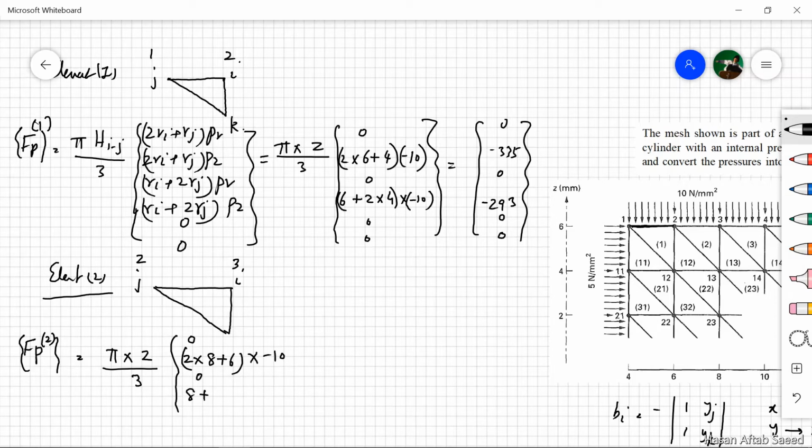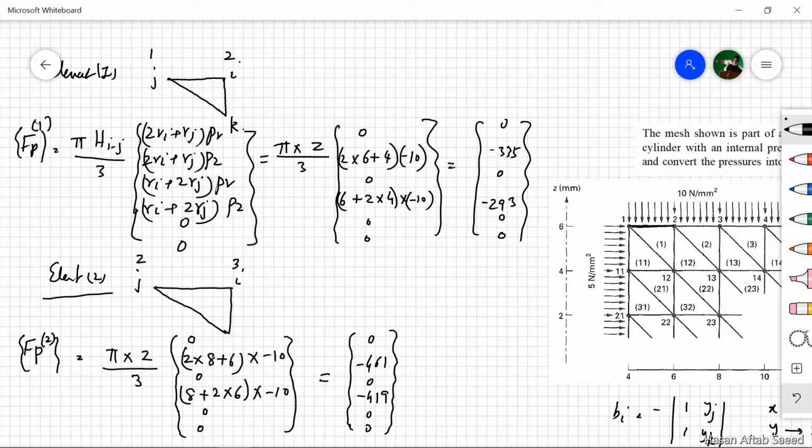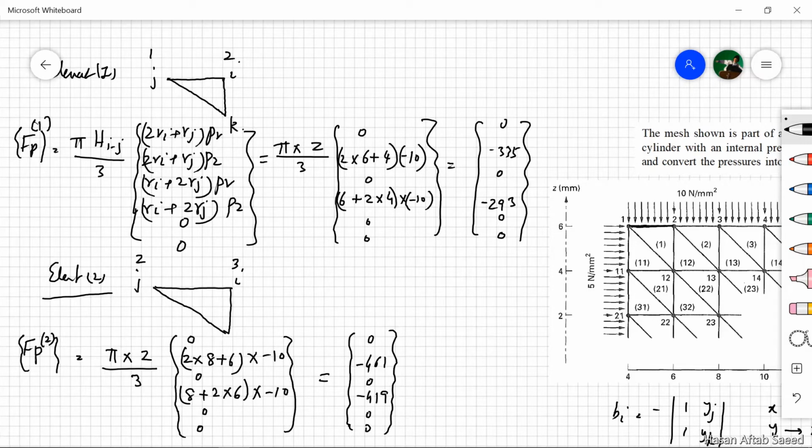Now 8 plus 2 into 6 into minus 10, and then 0 and then 0. So this gives you 0, minus 461, 0, minus 419, 0 and 0. This is element 2 taken care of.